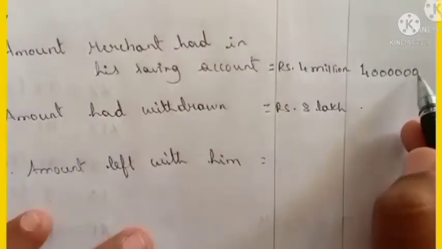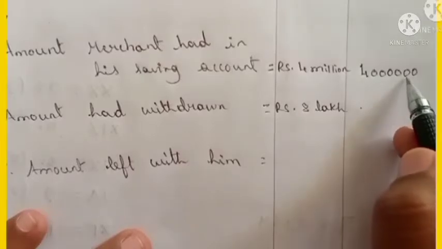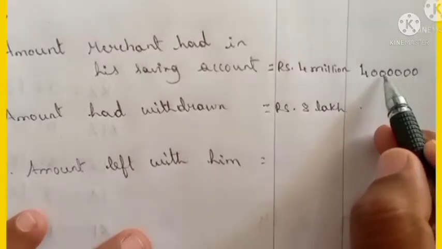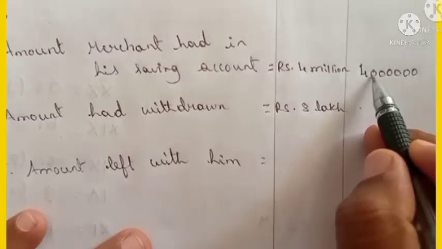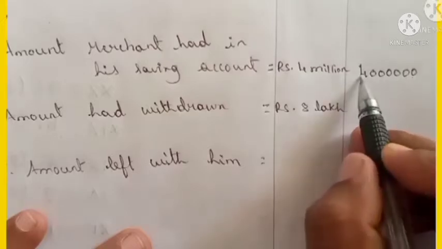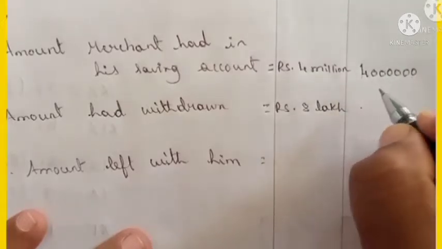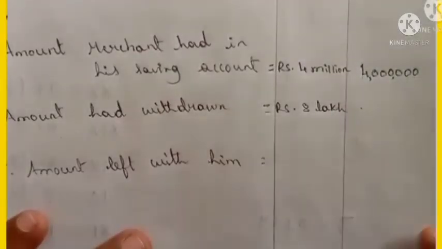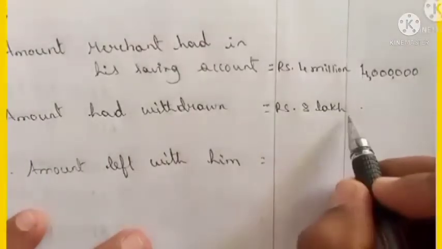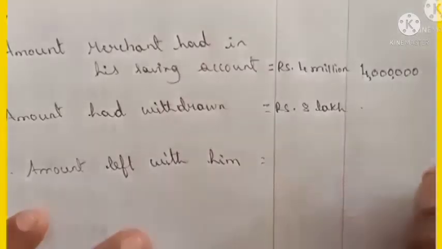See now, count ones, tens, 100, 1000, 10,000. Okay, then 100,000, then 4 million. Okay, so this is 4 million. Okay, now we need to subtract 8 lakh from that.